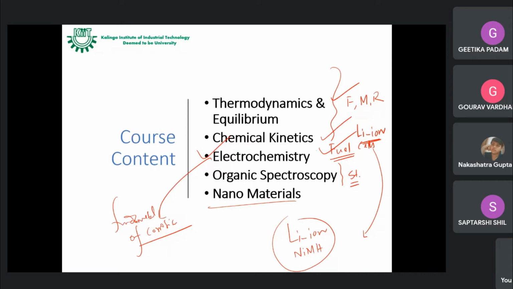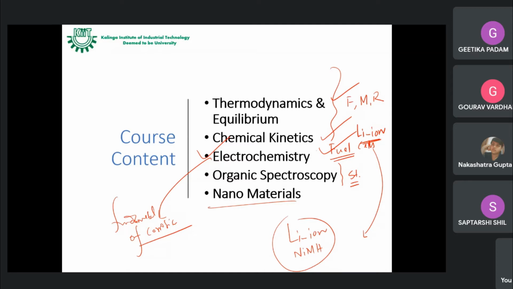Lots of applications are there as far as nanomaterials are concerned, and most of the research is related to nanomaterials. By using nanomaterials, we can increase the surface area to a very, very great extent. And that is why they are very good materials for storing other materials. Okay.